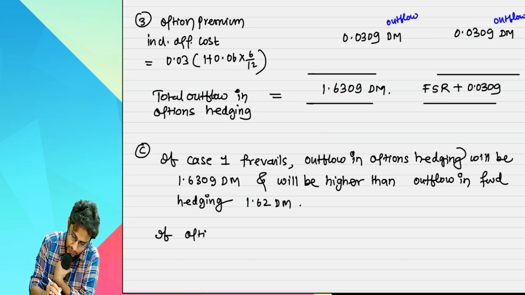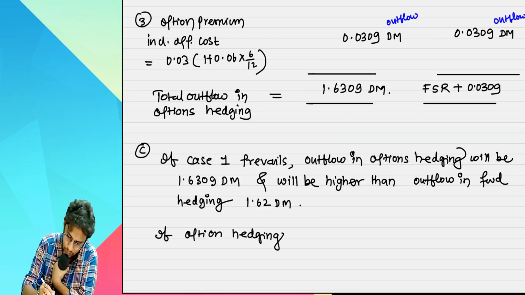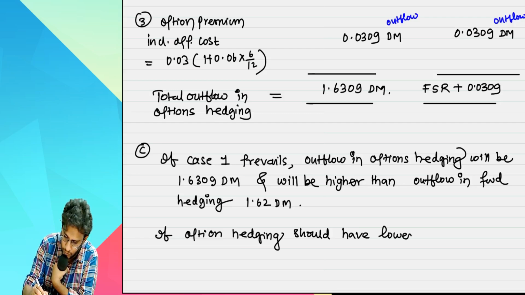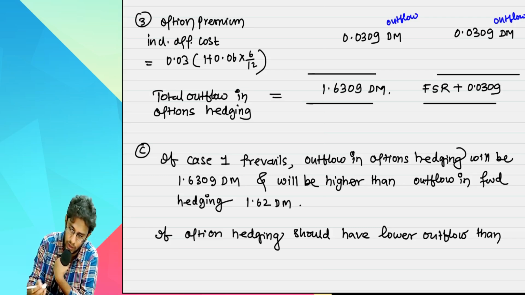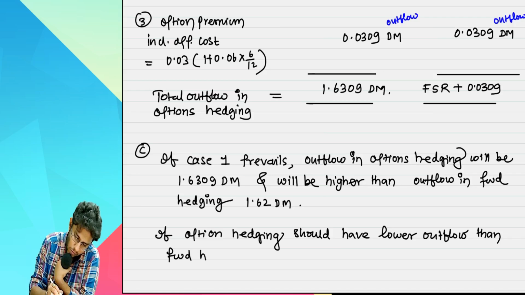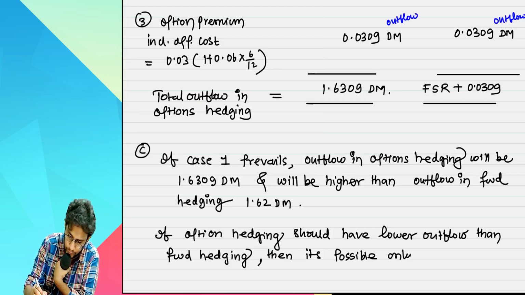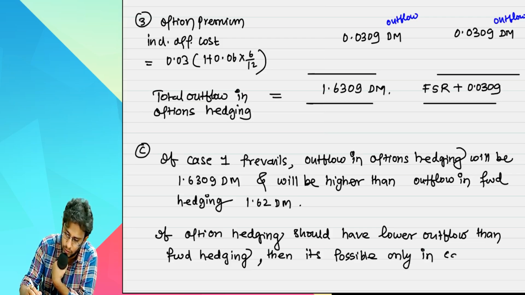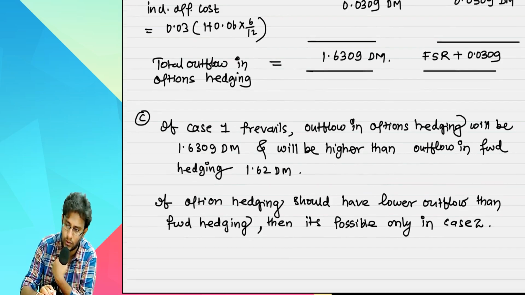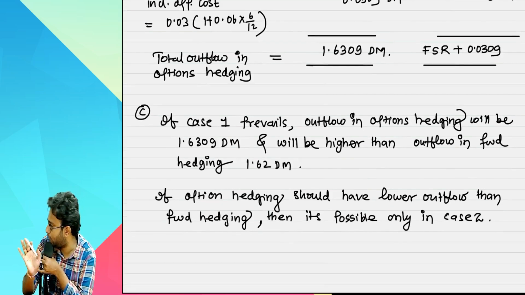So if options hedging should have a lower outflow than forward hedging, then it is possible only in case 2. Case 2 is not there every time, it is possible, and we told that's all.